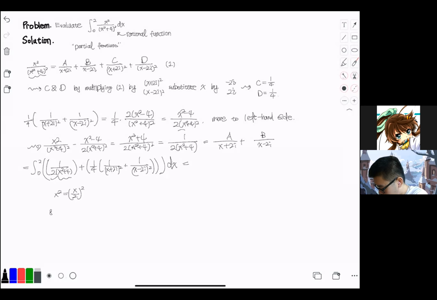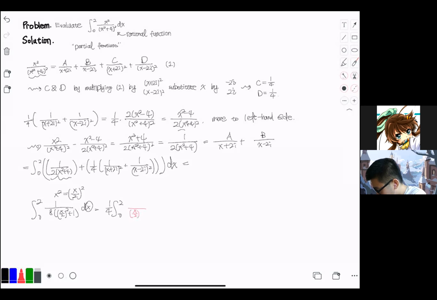So this will be 1 over 4 times the integral over 0 to 2.